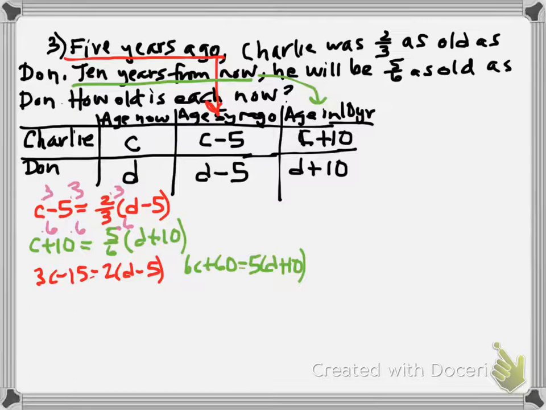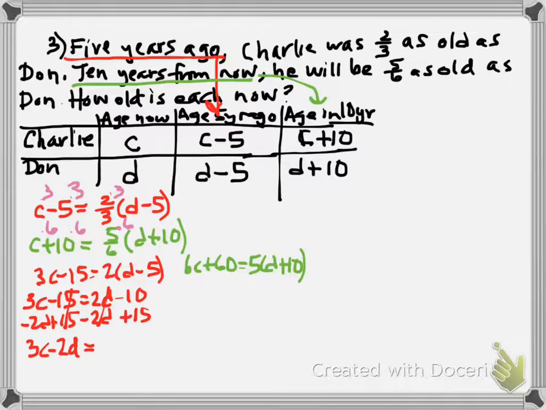So now I'm going to go ahead and finish solving these problems. Now I distribute. 3c minus 15 equals 2D minus 10. I'm going to do standard form, so I'm going to subtract 2D from both sides and add 15 to both sides. What that allows me to do is get rid of the 15s on the left and the 2Ds on the right, giving me 3c minus 2d equals 5.